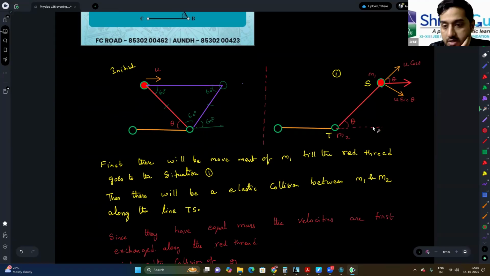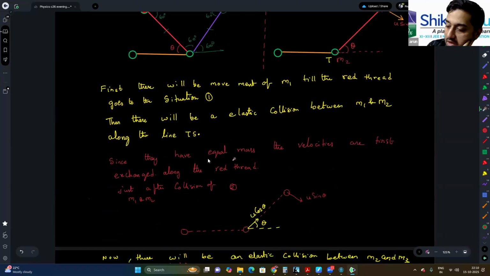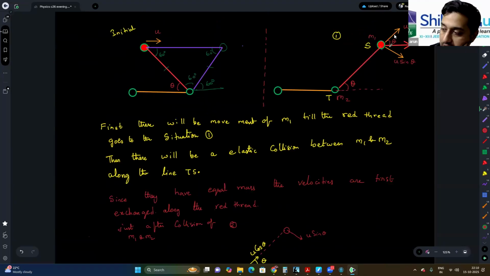Okay, now comes the interesting part. Since they have equal mass and the velocities are u cos theta and 0, after the interaction the velocities get exchanged like in an elastic collision of equal masses.